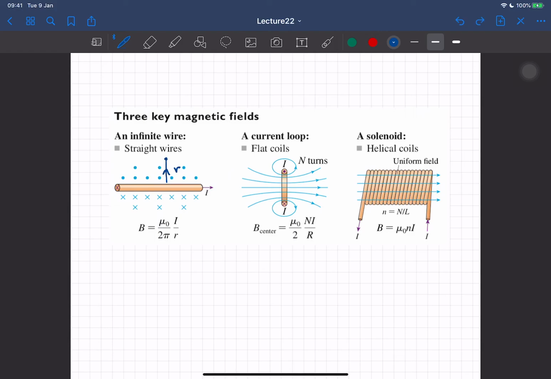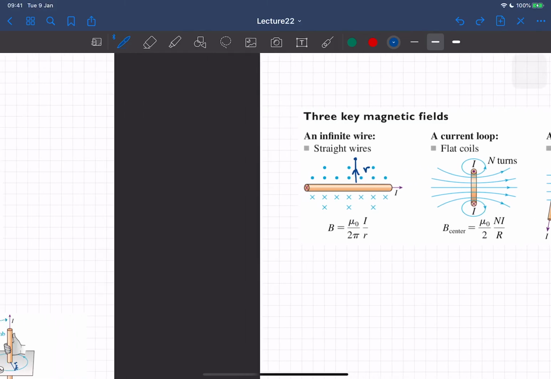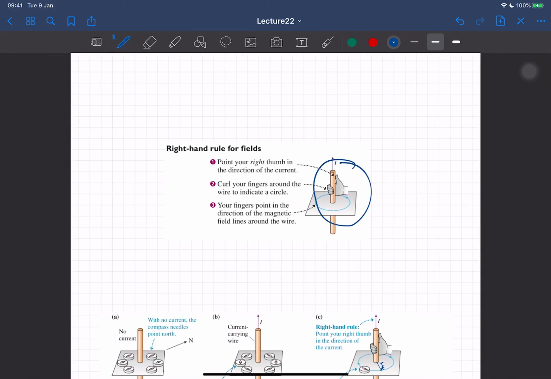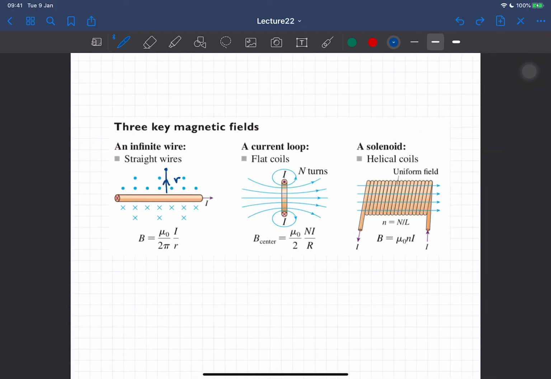And the magnetic field below the wire will be crossed, meaning that it's going into the page. So if you're confused how the right hand works, imagine this case and then flip it 90 degrees so that it's going sideways. And your fingers will give you this magnetic field direction.